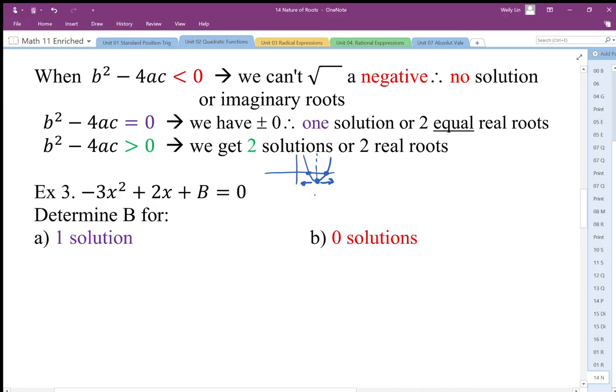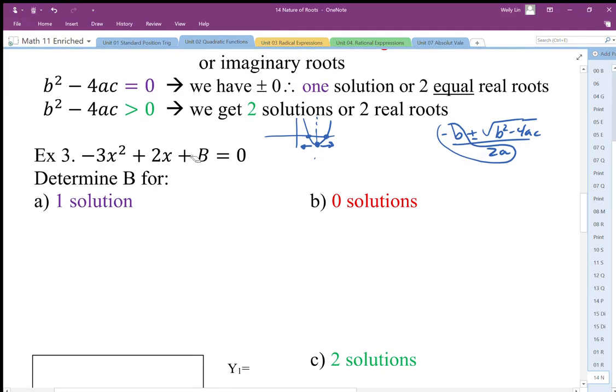So you should notice that in the quadratic formula, negative b plus or minus the square root of b squared minus 4ac, the square root part represents the discriminant, but the negative b part represents our center, and then plus minus to get the roots.